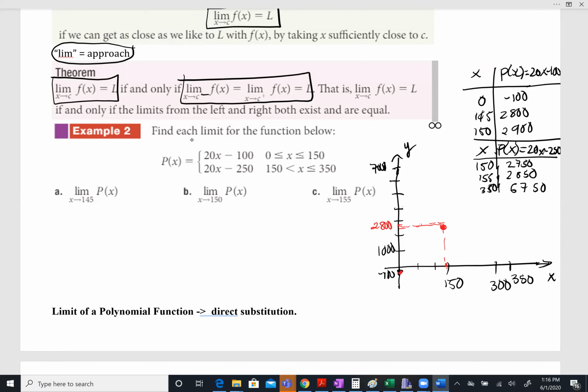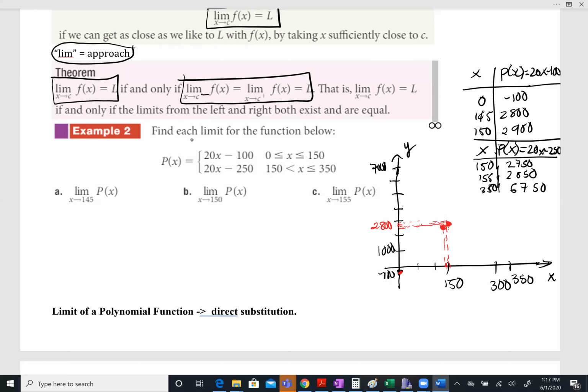Okay. 150 to 900. Okay. 150 here and 2900. So I have another one here.